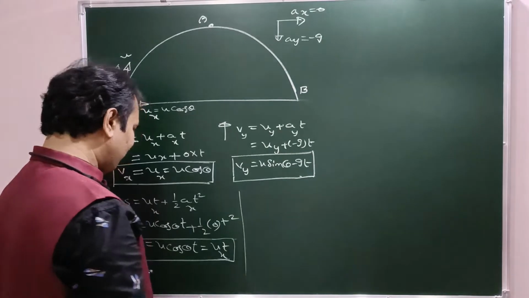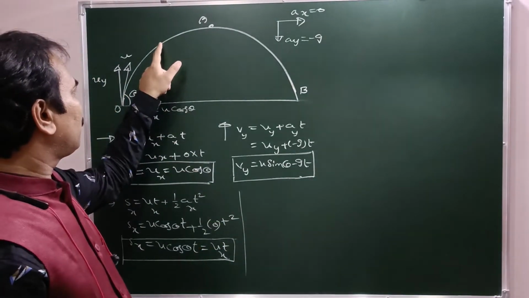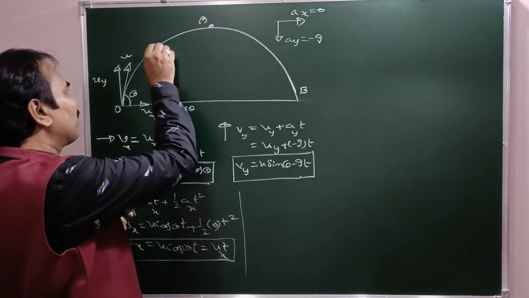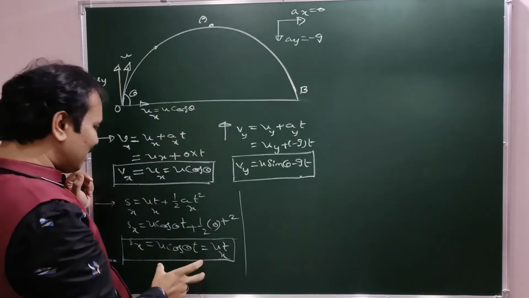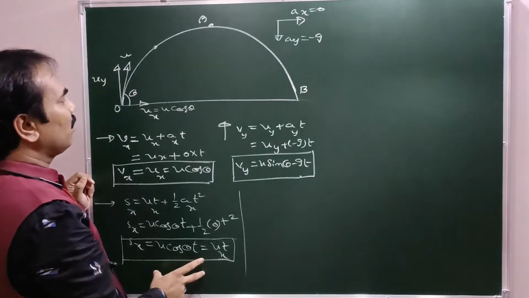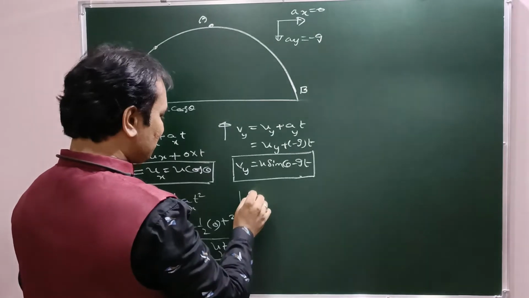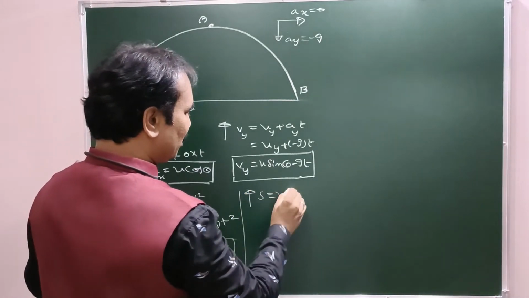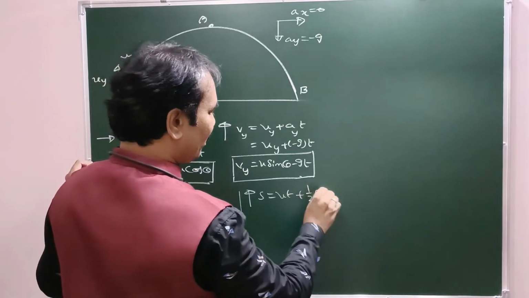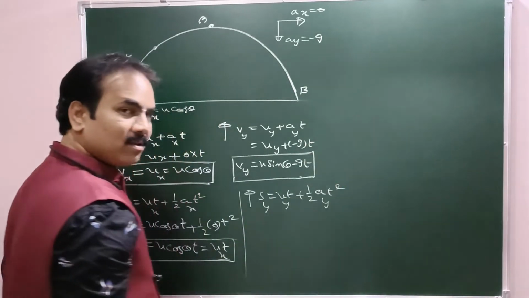In the same way, vertical displacement covered after t seconds. Suppose this is the position of the particle after t seconds. By reaching this position, what is the horizontal displacement covered? This one. What is the vertical displacement covered? Let us see. Take the equation along the y-axis, s equal to ut plus half at square. That is sy equal to uyt plus half ayt square.